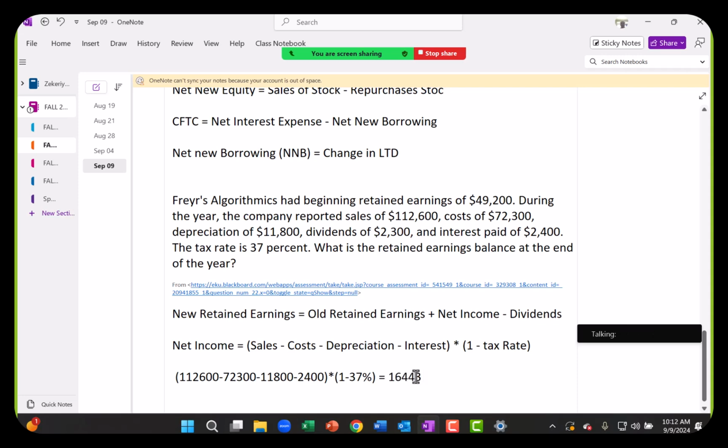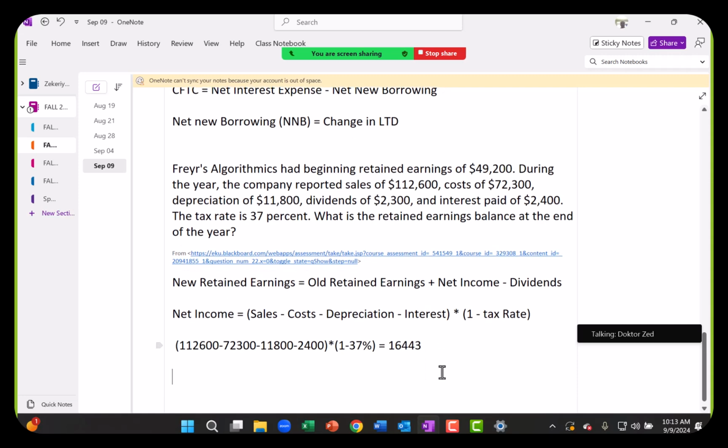So that's your net income. By the way, if you put dollar signs in these, it also formats the result as dollar sign. You could also do this in Excel, whichever one works for you. Hence, new RE, which is 49,200.